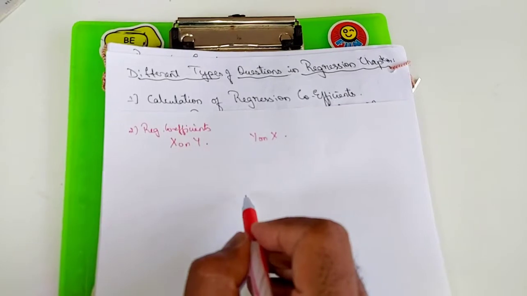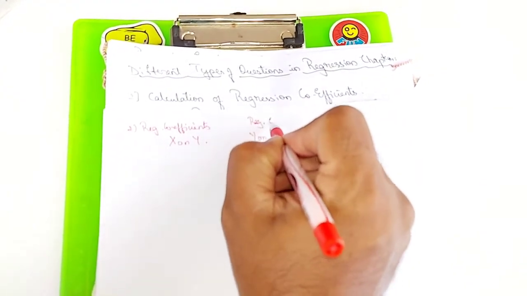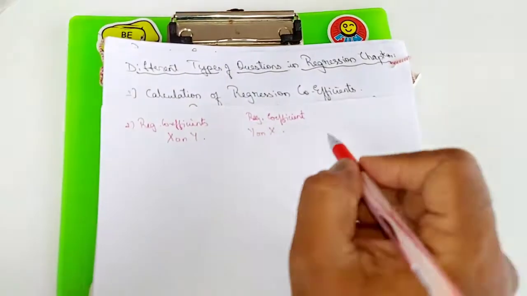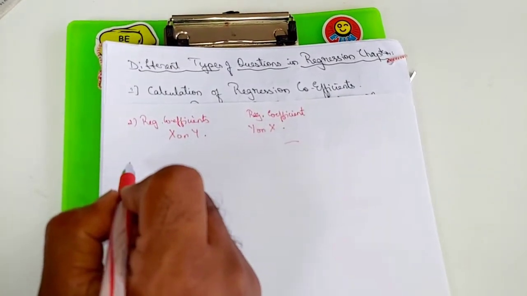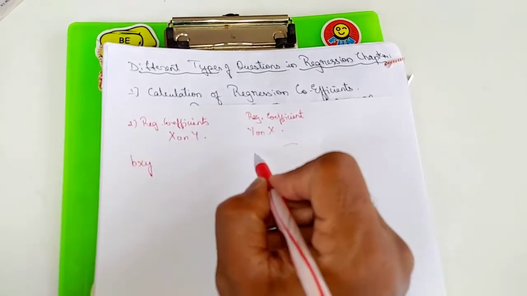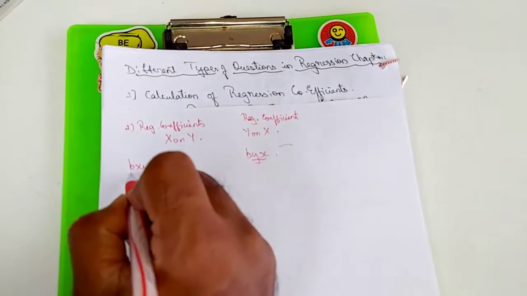Since there are two regression lines, similarly there are two regression coefficients. One is the regression coefficient of x on y, and the other is the regression coefficient of y on x. The regression coefficient of x on y is called bxy, and the regression coefficient of y on x is given by byx.